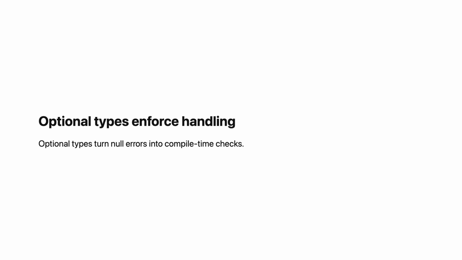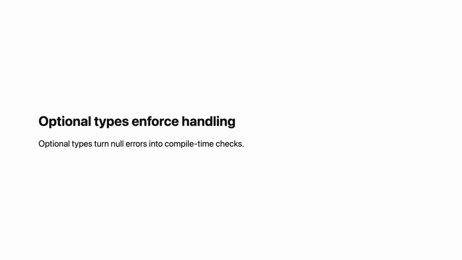Optional types turn runtime null errors into compile time type errors. The compiler catches missing null checks. This is safer. You cannot forget to handle absence. The type reminds you. When designing data, think about which fields can be absent. Required fields, always present. Use non-nullable types. Optional fields might be absent.